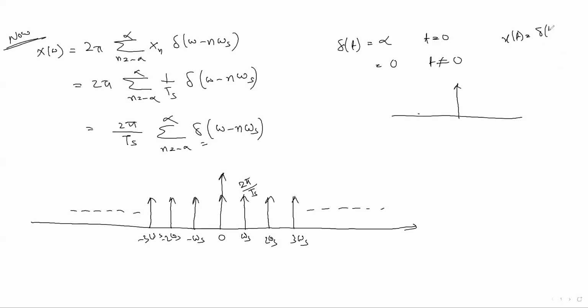Suppose x of t equal to delta t is given. At t equal to 0, there is a spike, delta t. Sometimes, if this is a delta signal, it is written as 1.